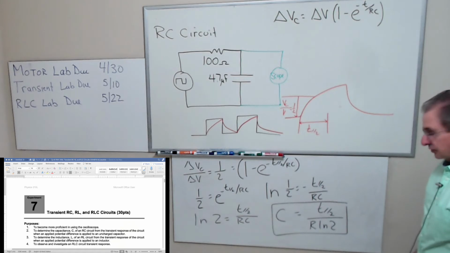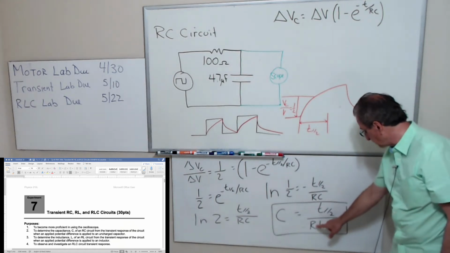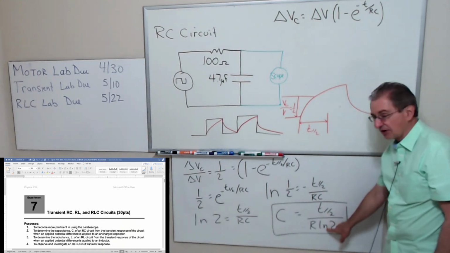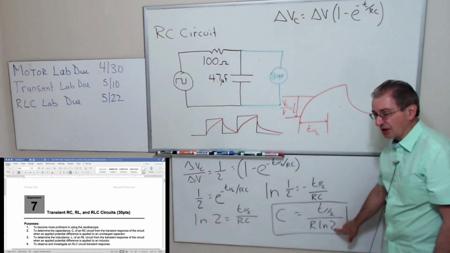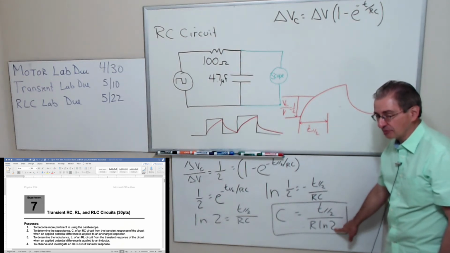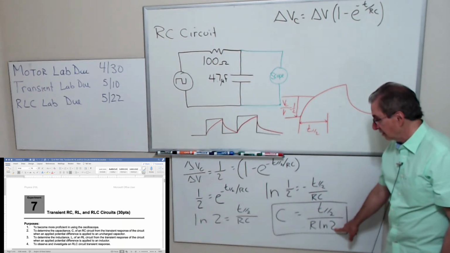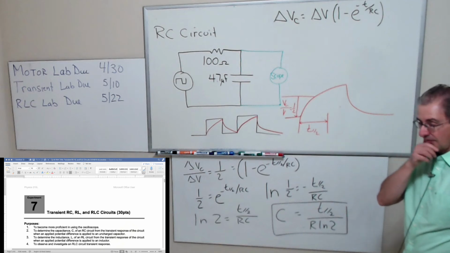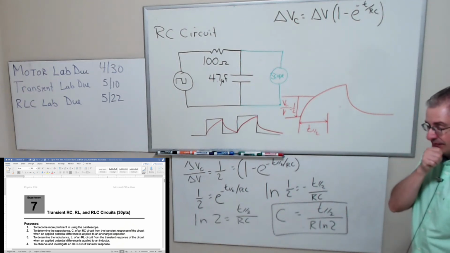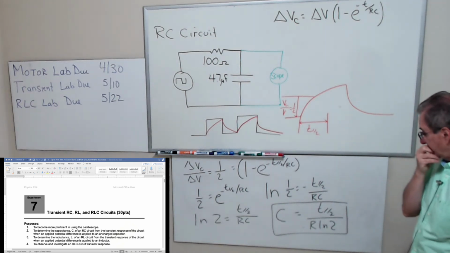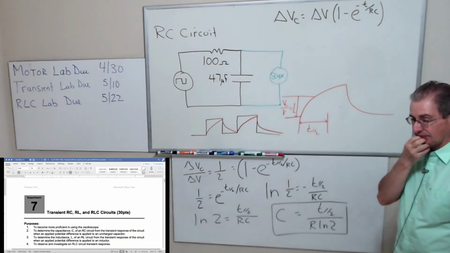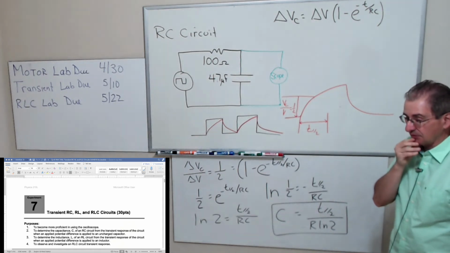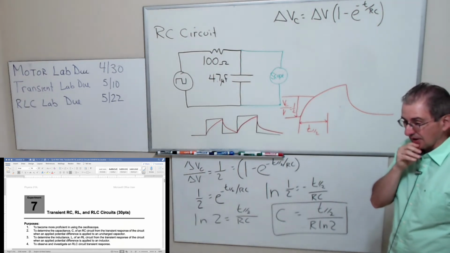Okay? So you're going to measure T1 half, you're going to measure R, and you're going to measure this. This is a measured number. Why is it a measured number? Because you're measuring the half.